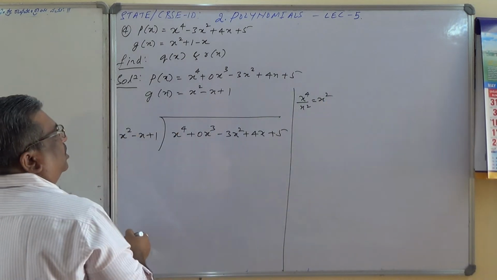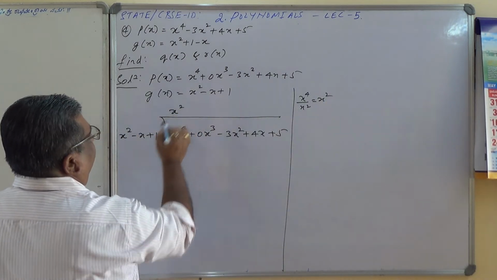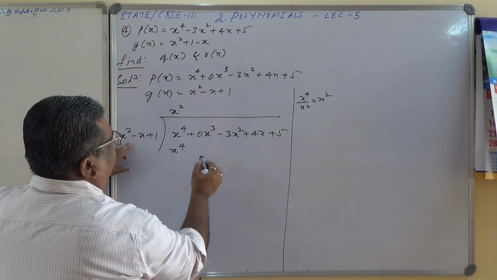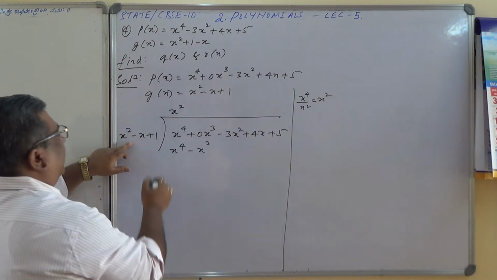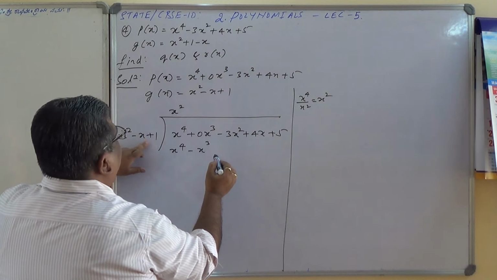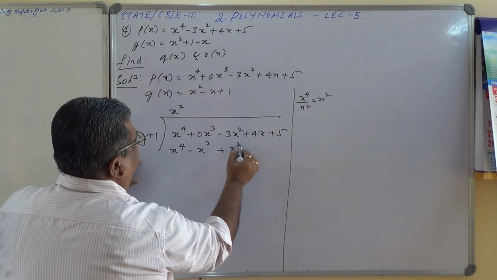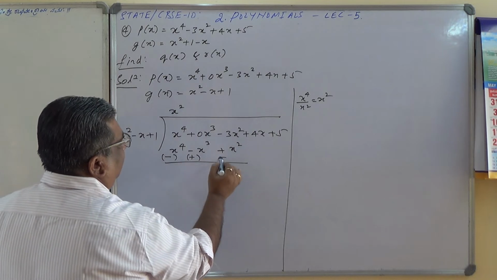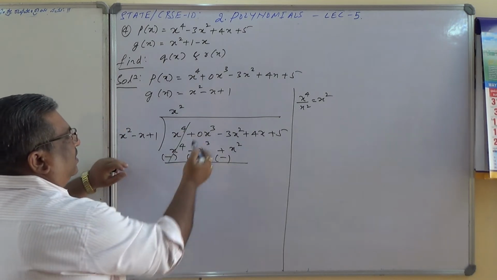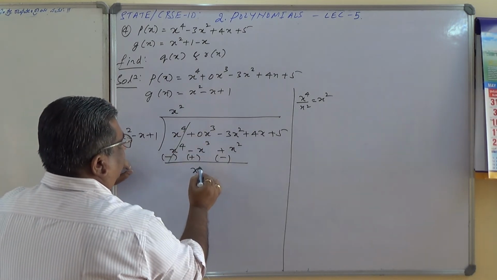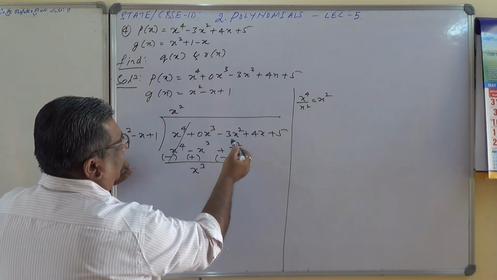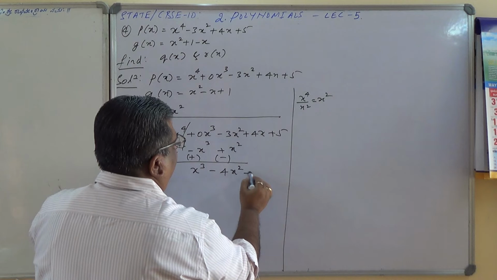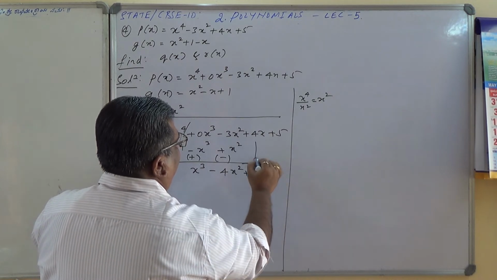The first term of the quotient is x square, therefore this will be x to the power 4 minus x cube plus x square. Change the sign, minus plus minus, this will cancel. 0 x cube plus x cube, this is plus x cube minus 3x square minus x square, minus 4x square plus 4x. I am pulling it down.